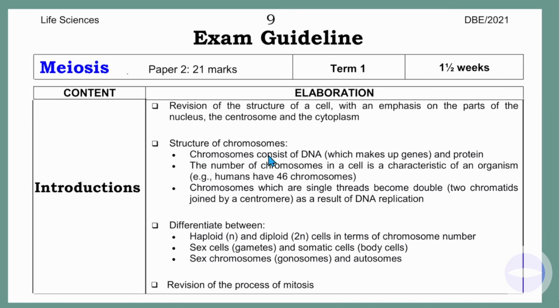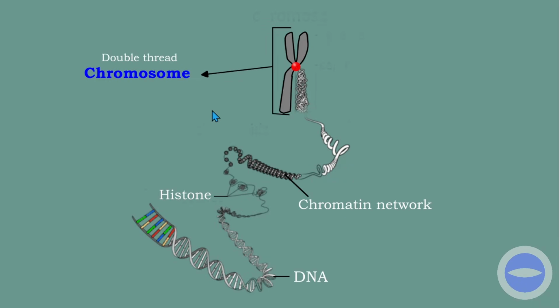A chromosome consists of DNA, which makes up genes, and proteins. So this is the simple structure of a chromosome. This is a chromosome. If you can see here, it's wrapped. These are the things that are wrapped, and then we have DNA.